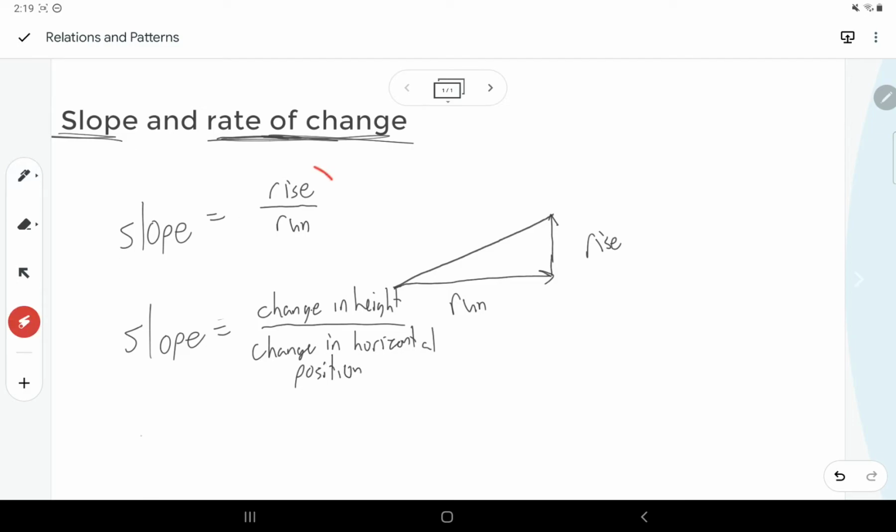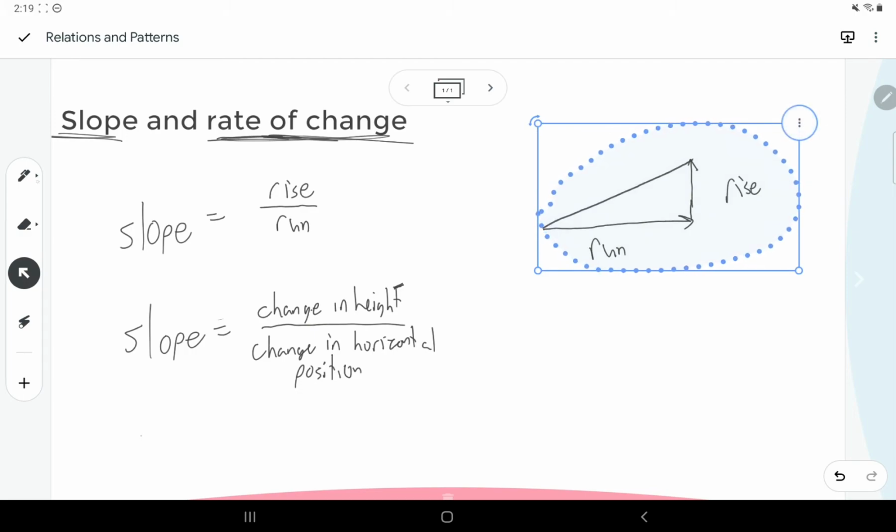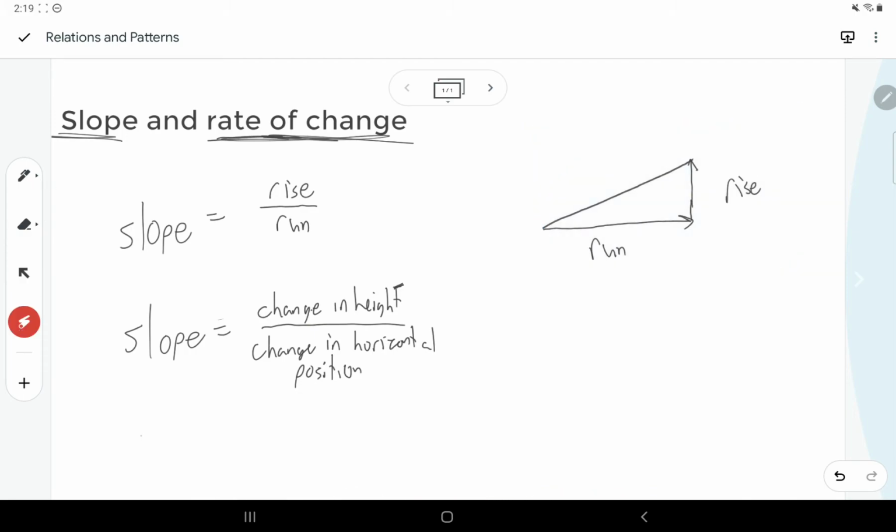Right? Much easier to say rise over run. Okay? So if we have the rise and the run of a certain slope, then we can calculate that slope.